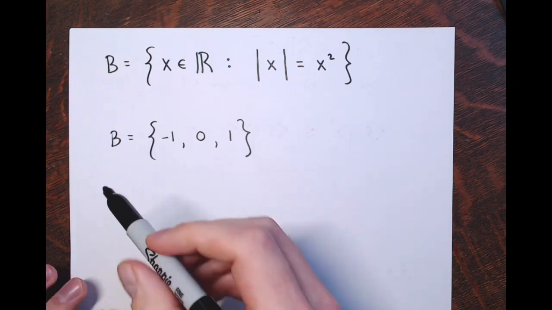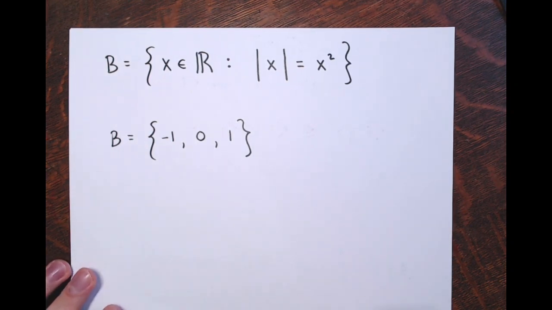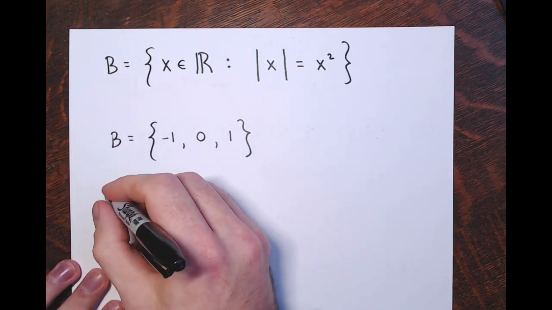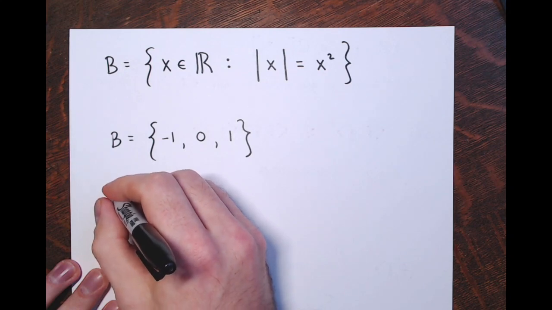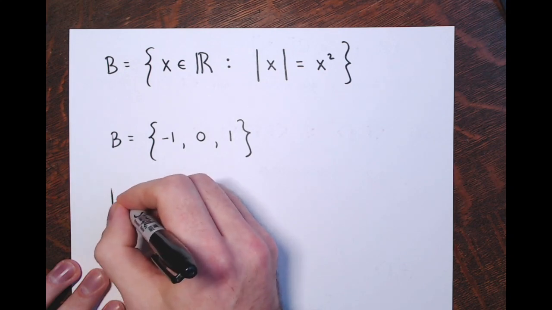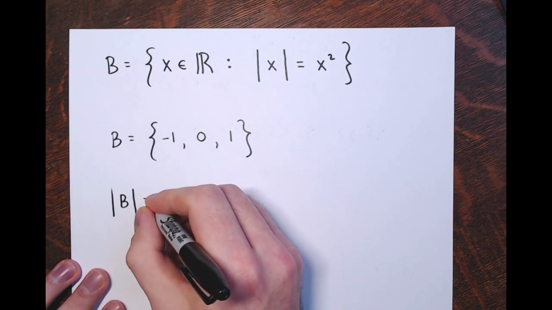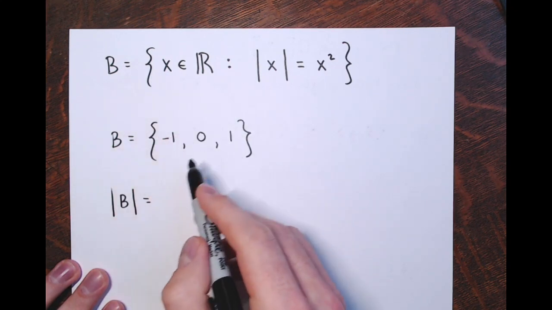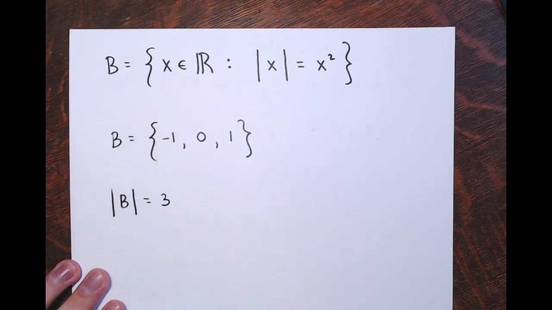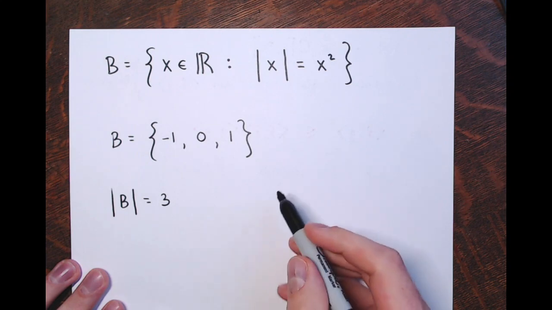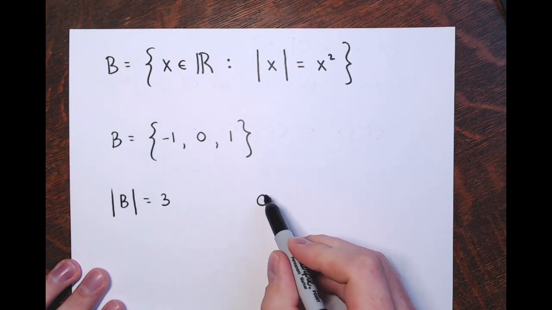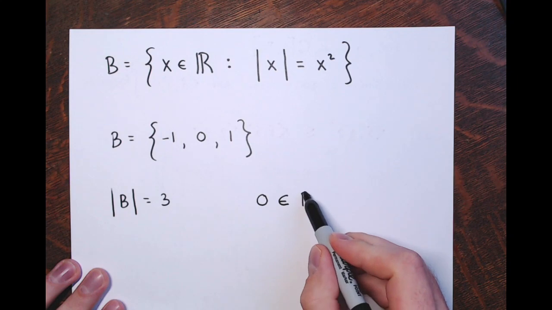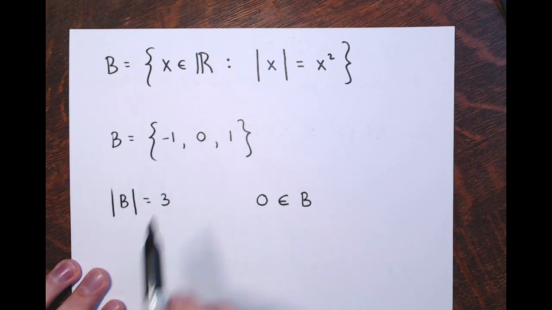Great. And then, just to throw in some other notation, just to get used to me writing some of this other notation, what's the cardinality of B? The cardinality of this set is 3. Right? There are only 3 elements in it. And we see that 0 is an element of set B, right? 0 belongs to B, you see it there.